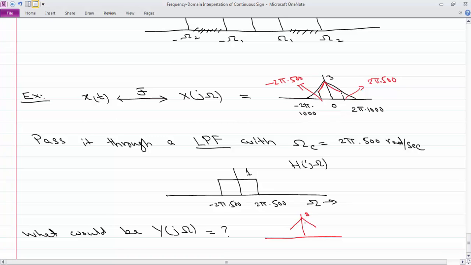The height is still 3. After this, the part is getting multiplied by 0, which means that after this it goes directly to 0. What will be the height here, where it will go exactly to 0? You can write the equation of the line, or you can use the intuitive idea that you are halfway through, going from 3 to 0, so this should be 1.5.